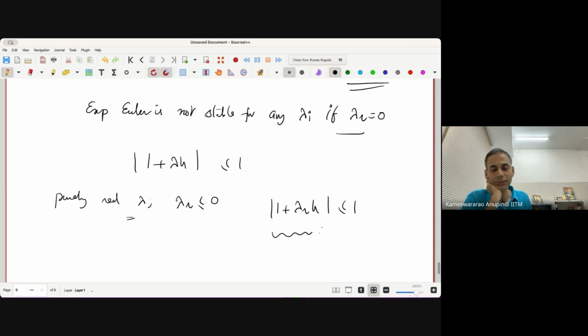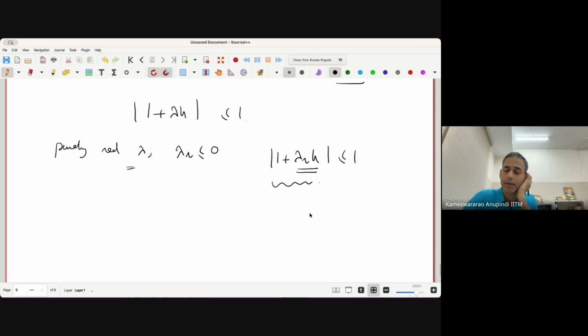This can only be satisfied when lambda r h is negative, but the magnitude of this one is less than or equal to 1, right? Only then can this condition be satisfied.